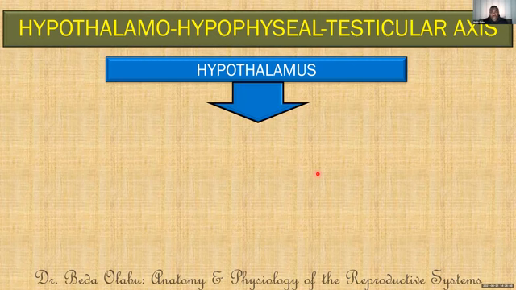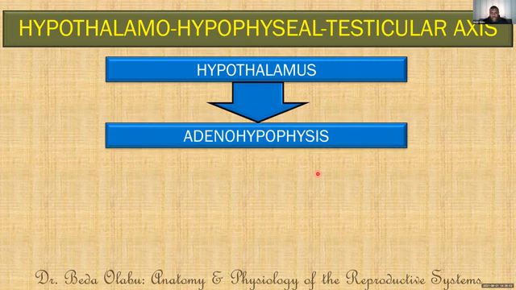The hypothalamus produces a hormone that acts on the anterior pituitary gland. Well, the hypothalamus produces several hormones that act on the anterior pituitary gland. But if you want to describe the path of the hypothalamo-hypophyseal testicular axis, then the hormone you're putting there is GnRH, which stands for gonadotropin releasing hormone.